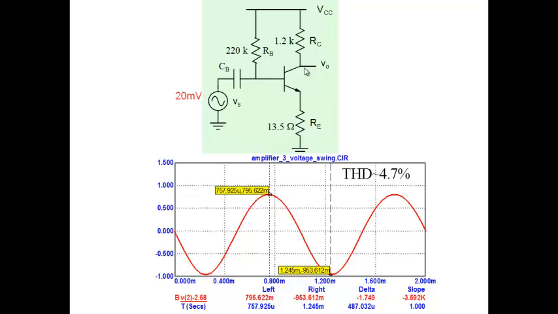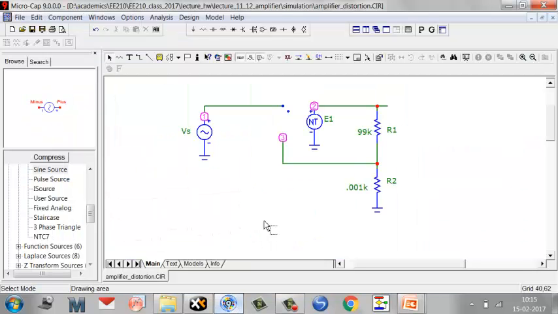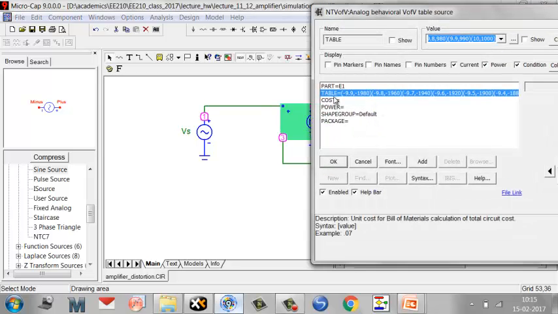If you want to play around with it, here is our amplifier, a simple amplifier. This is a nonlinear amplifier. In Microcap, this element that you see here is called a voltage controlled voltage source. If I double click here, I can give the characteristics of this amplifier in the form of a large table.